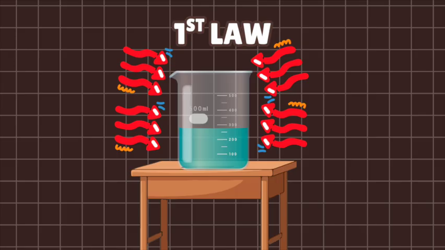Now this is all congruent with the first law of thermodynamics, that energy cannot be created or destroyed, because when the system loses energy, the surroundings gain it. If the system gains energy, the surroundings lose it, leaving the universe in a constant state of equilibrium.